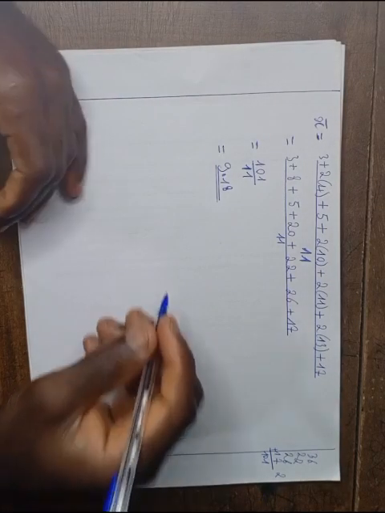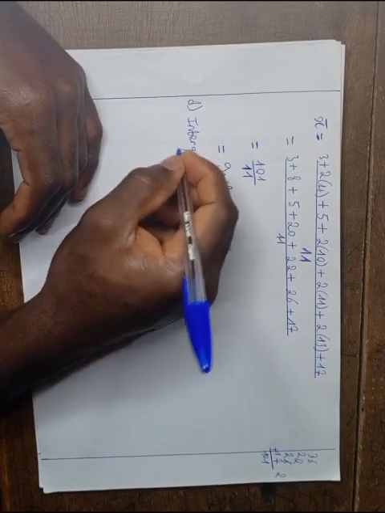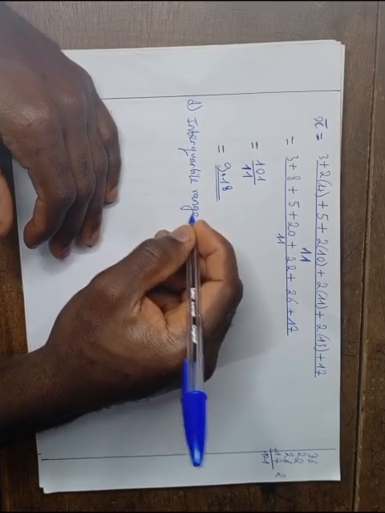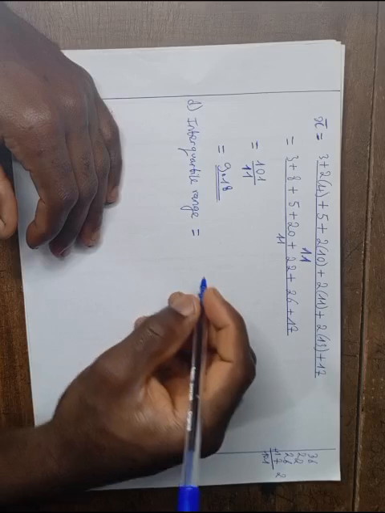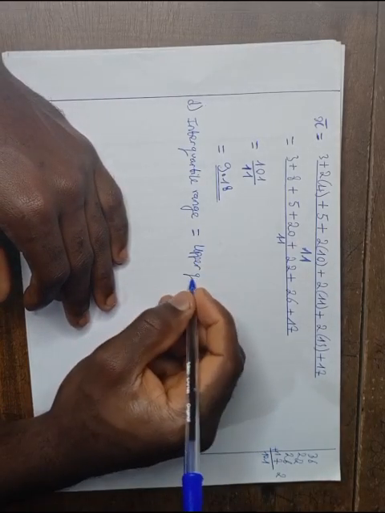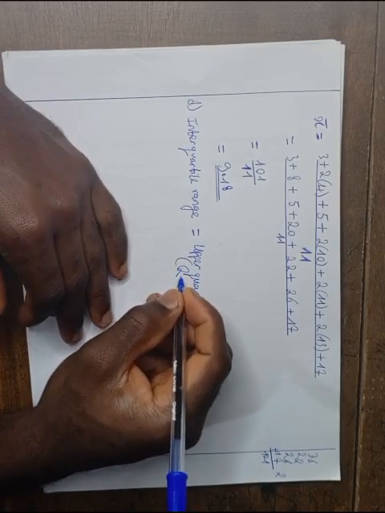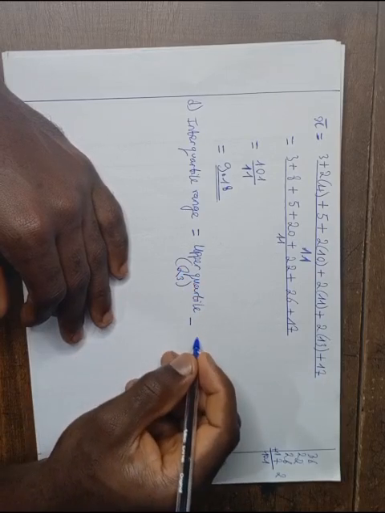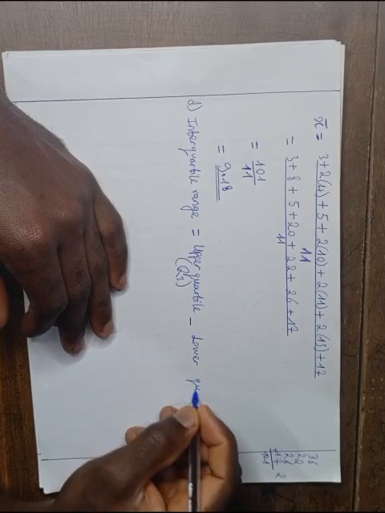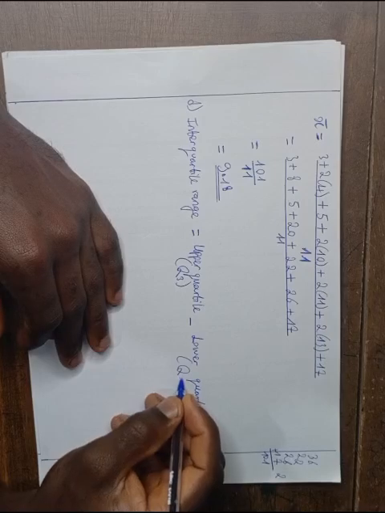The interquartile range for D, we know that the interquartile range is simply equal to the upper quartile, which is denoted by Q3, minus the lower quartile, which is denoted by Q1.